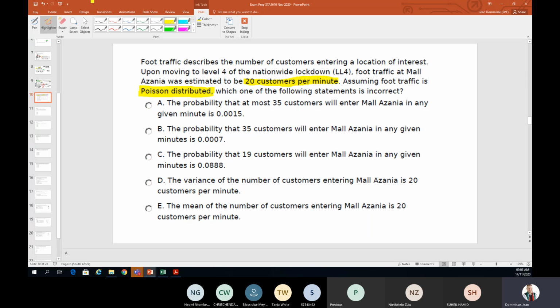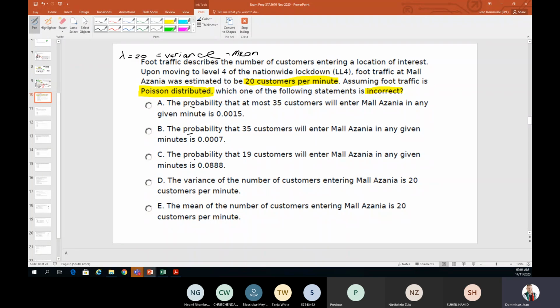Okay, so remember that is also equal to your variance. We're looking for the incorrect one, and that is equal to the mean. My first thing would have been to look for areas, so probability, so we need to look at the table.